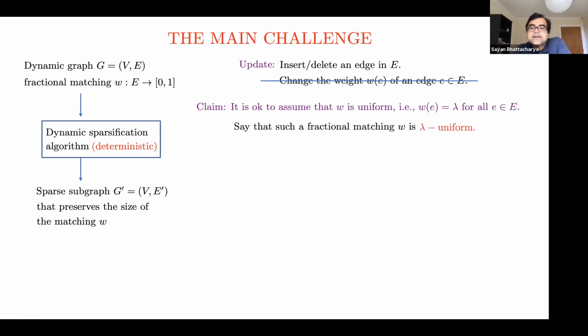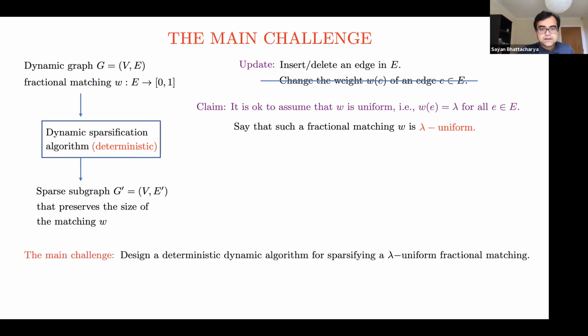So from this point onward, we are going to assume that W is uniform. And we will say that this fractional matching W is lambda uniform because lambda is a parameter. Every weight is equal to lambda. Now, our main challenge is to design a deterministic dynamic algorithm for sparsifying a lambda uniform fractional matching.